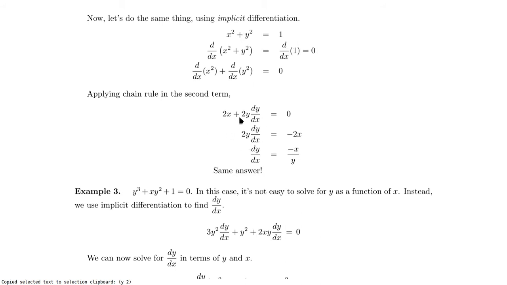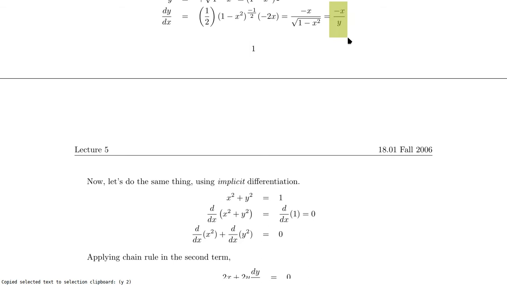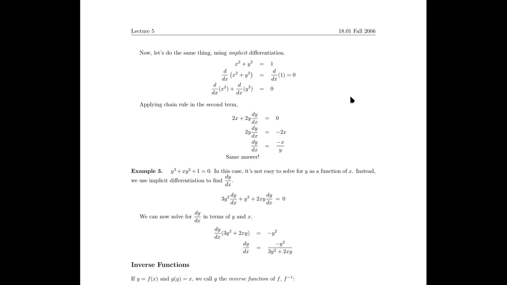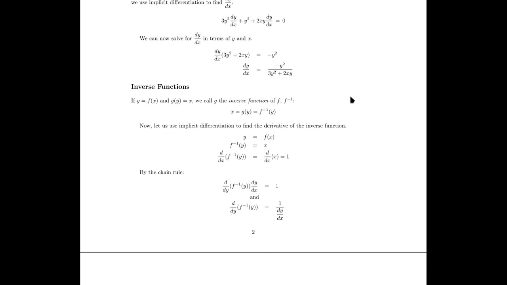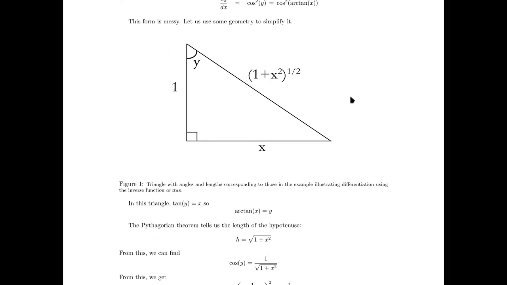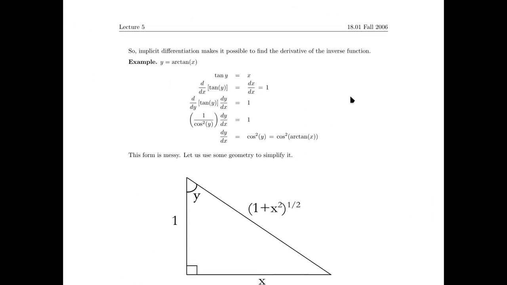So this turns out to be 2y dy over dx is equal to minus 2x. So dy over dx is equal to minus x over y, which is what we got, right? So it's not the technique itself which is the most important, but the idea of implicit differentiation, right?